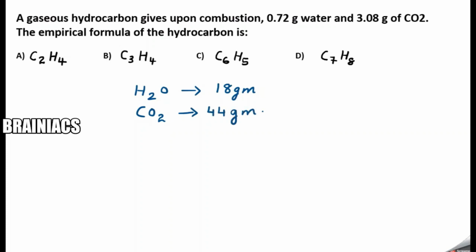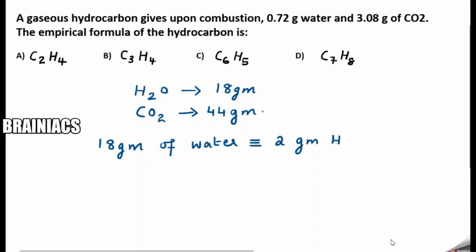Now if you see here, 18 gram of this water contains how much gram of hydrogen? I can say 2 gram of hydrogen. So I can write 18 gram of water has 2 gram of hydrogen, correct? Now we need to find out in 0.72 gram of water how much gram of hydrogen is there.